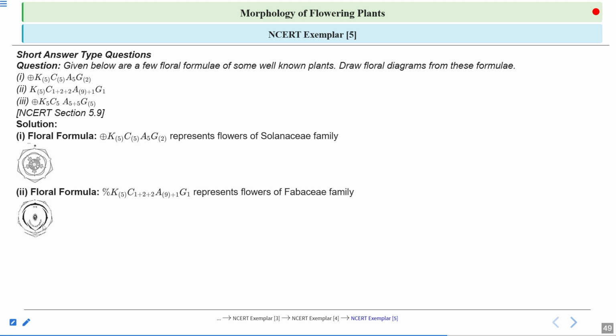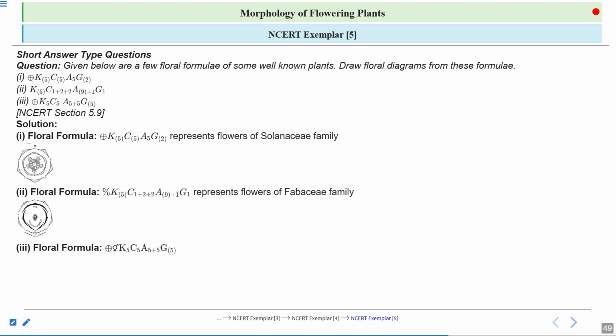So this is the keel, right? Now here you can see a very important phenomenon. A9 plus 1, and 9 is present in the bracket. So here you can see only one stamen is represented separately, whereas the 9 stamens that are united are represented here, right? G1, only one gynoecium is there. This is the floral formula and floral diagram of the family Fabaceae.